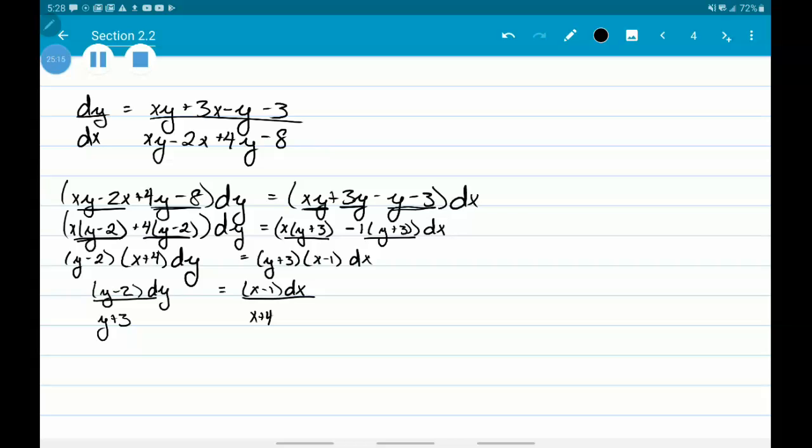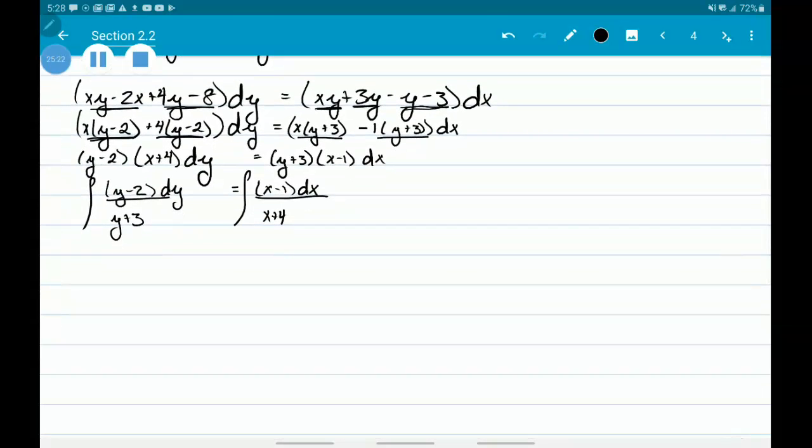Now we are where we can integrate. But notice the degree of the top and the bottom is the same on the left-hand side and on the right-hand side. That means we're going to have to do some long division. So let's go over to the side and do that.